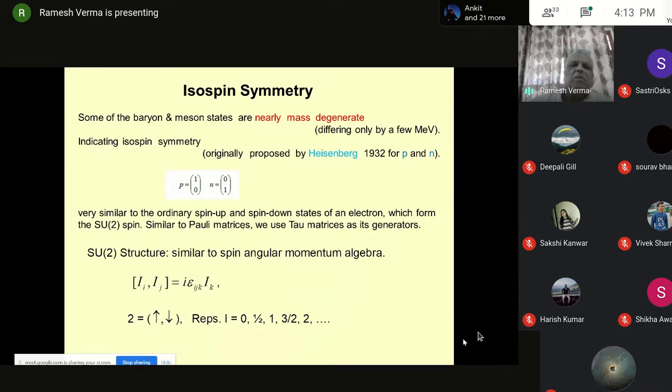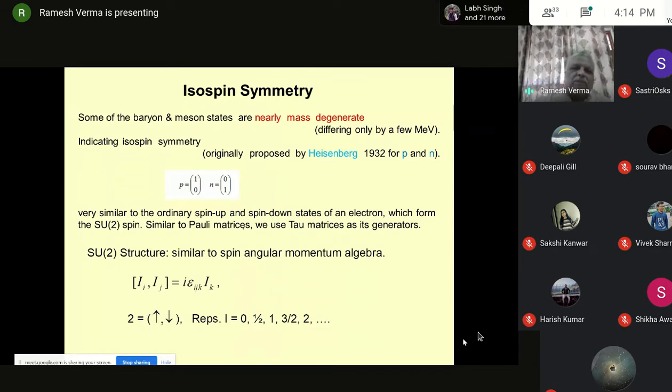Iso simply means something similar. So this way, the proton and neutron can be represented by a two-component column matrix. We call them spinors. And this is very similar to ordinary spin up and spin down state of an electron for the SU(2) group, that is the SU(2) spin group.